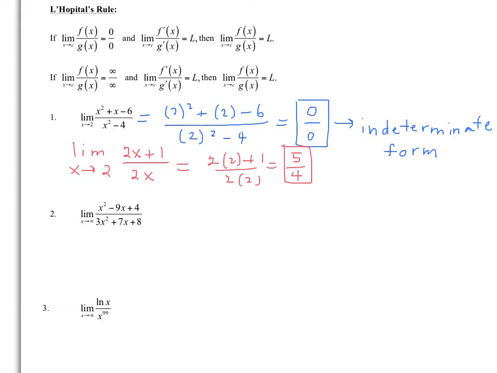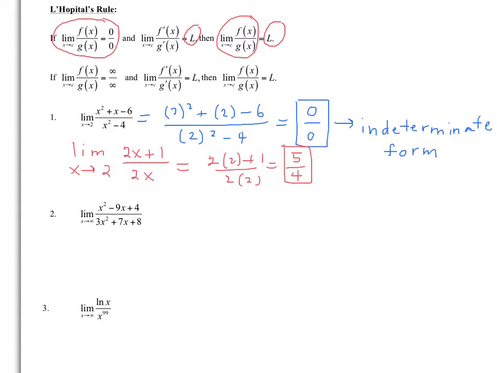Basically, what we see here is that if the limit of a function f is 0 and the limit of the function g is 0, there's our indeterminate form, and the limit of the derivative of f over the derivative of g is some number L, then the original limit is equal to L.